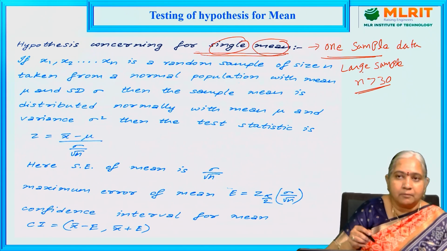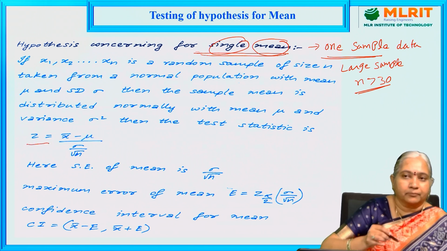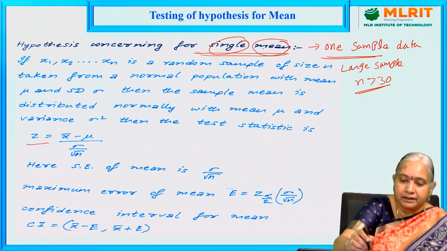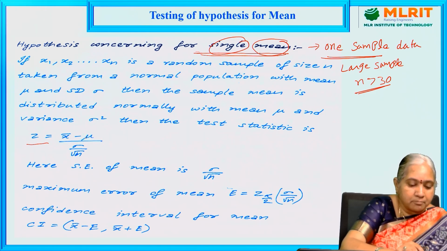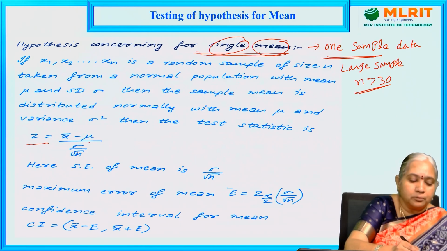For large samples, the test statistic is z-test. The test statistic for large samples to study the population mean is (x bar minus mu) by (sigma by root n). Here x bar is the mean of the sample, mu is the mean of the population, sigma is the standard deviation of the population, n is the size of the sample.